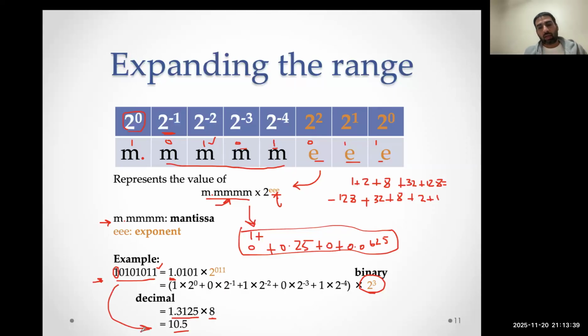Any questions before we go to the next slide? Okay, if no questions, then let's quickly do an example here and then we will go to the next slide. Using the same 8 bits, where we use 5 bits for the mantissa and 3 bits for the exponent, what will be the value of, let's say, bit pattern 0, 1, 0, 1, 1, 1, 0, 1?